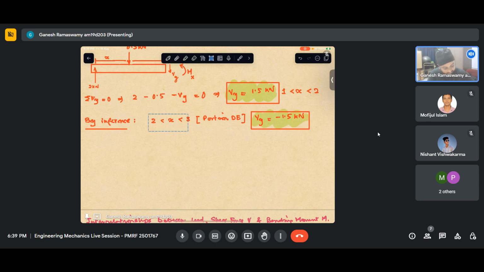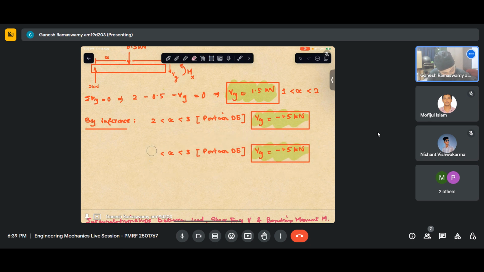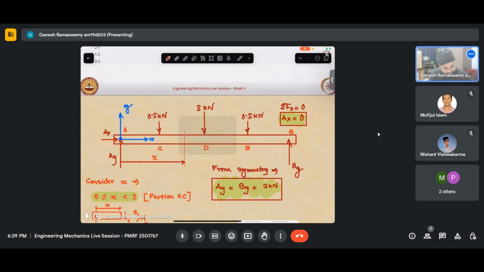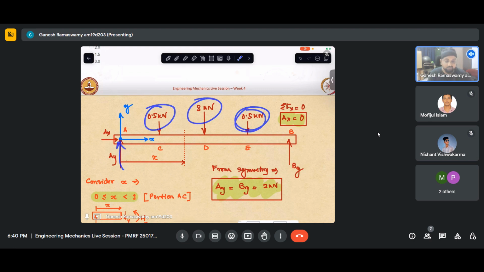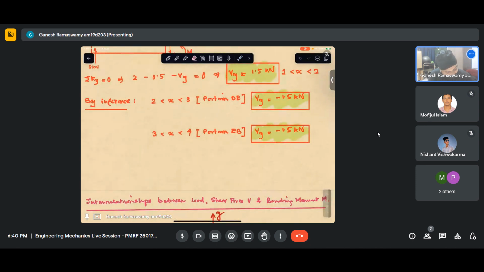Similarly, for 3 to 4, what is this portion? This is EB, the last portion. Now we can see all the forces will get subtracted. So 2 minus 0.5 minus 3 minus 0.5. So it will be minus 2 kilonewton.